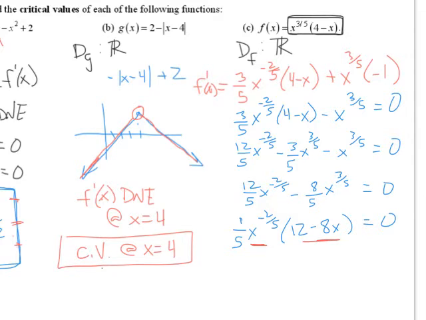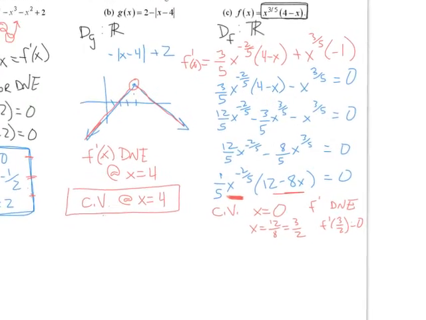And we find that we're going to have a critical value at x equals 0, because the derivative is undefined. F prime does not exist, because that causes a 0 in the denominator. And we also have a critical value at x equals 12/8, or very simply 3/2. And that's because f prime of 3/2 is equal to 0.